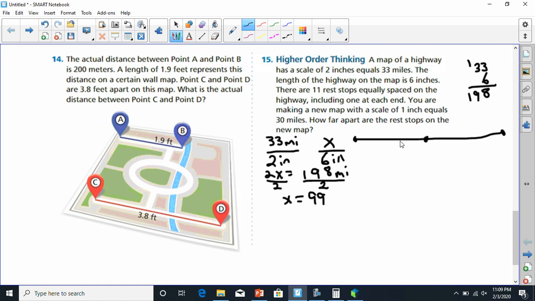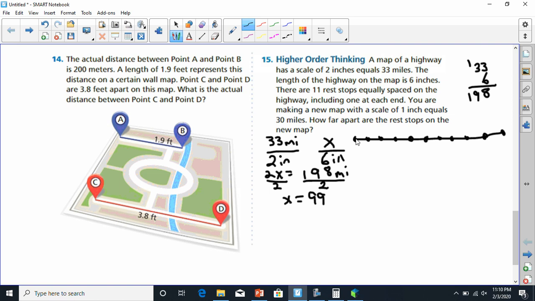This would be 3, 4, 5, 6, 7, 8, 9, 10, 11.